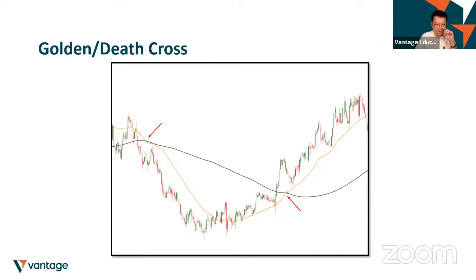A 50 simple moving average calculates the average of 50 candles before that point, and it draws one dot. 50 candles before the next candle, it draws another dot, and then another, and as all the dots line up, what you get is a line, which we call the 50 moving average.